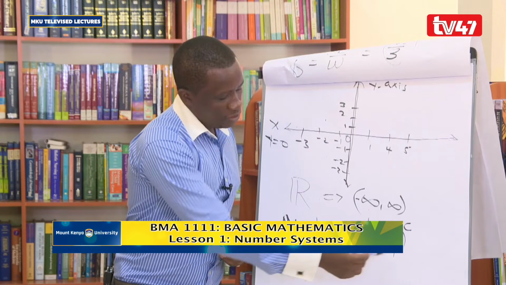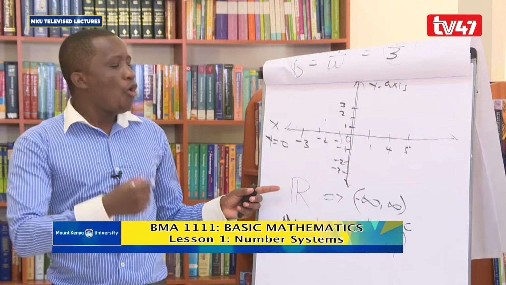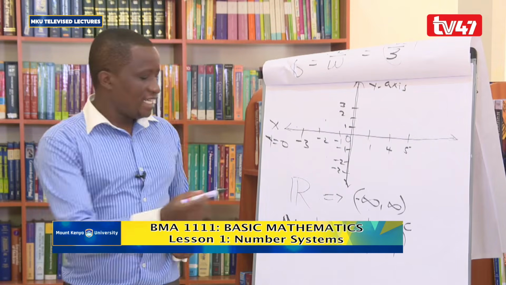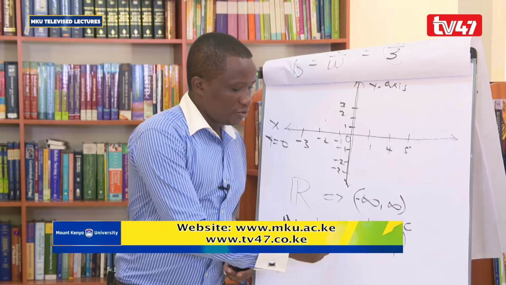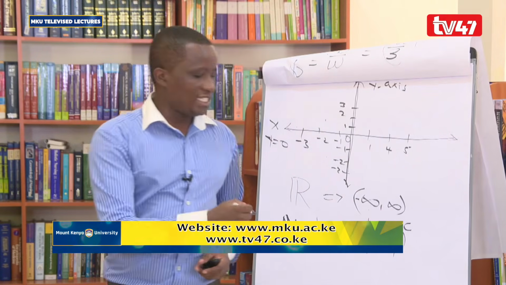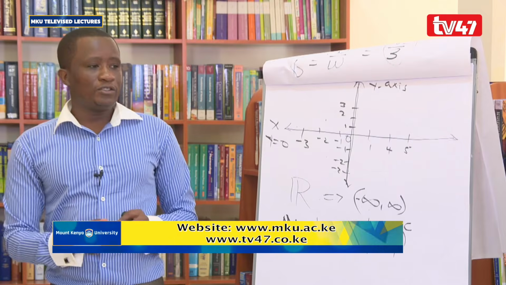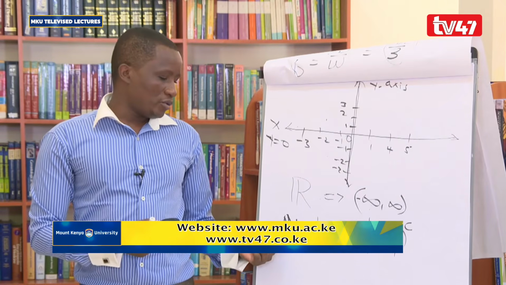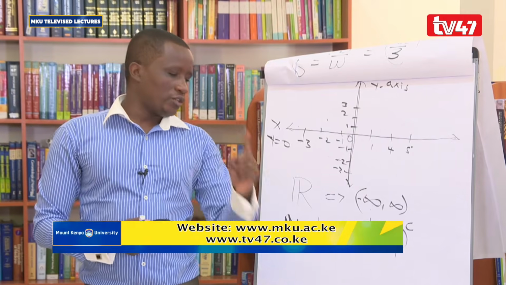So the composition takes the whole set of number systems that we are going to use in maths, but it is a procedural increment from one set of numbers to the other, because in the set of natural numbers, we were talking about 0, 1, 2, 3, all the way to infinity.